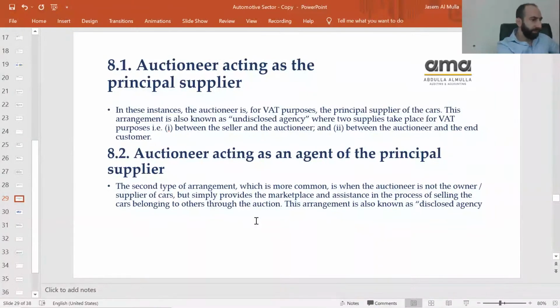Depending on the facts of the sale, the supply may be standard rated if the principal supplier is registered for VAT, zero rated if the principal supplier is registered for VAT and the car is exported from the UAE, or outside the scope of VAT if the principal supplier is not registered and not required to register for VAT.